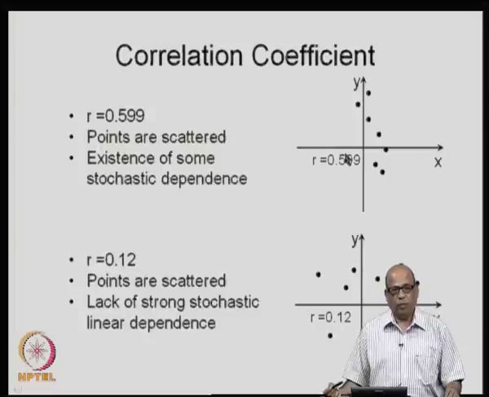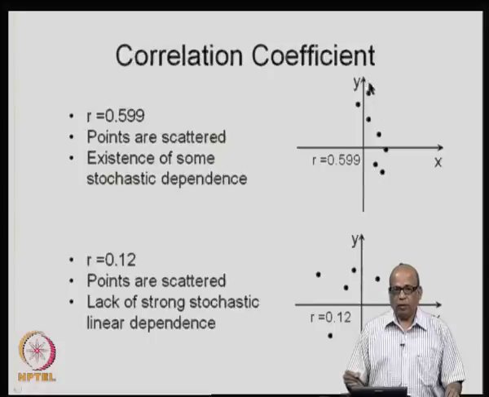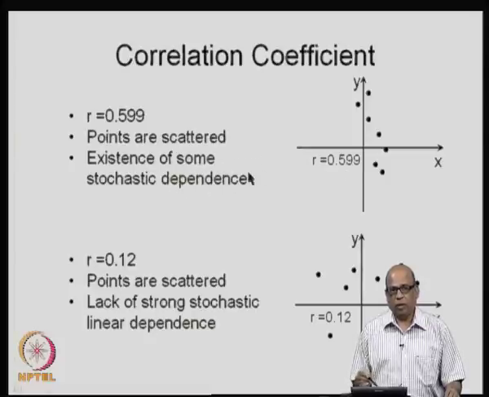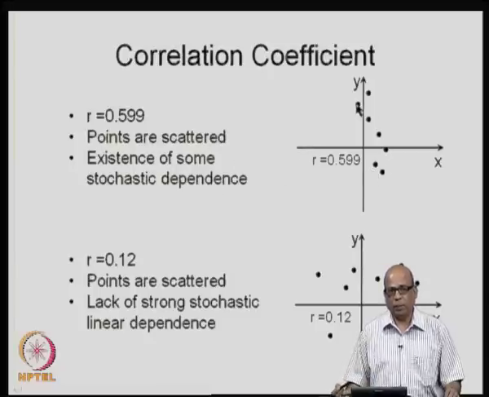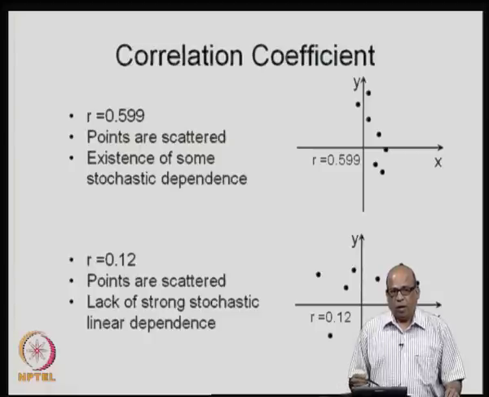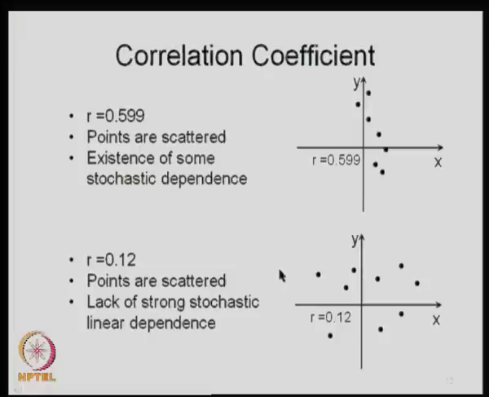You have observed values of x and y, let us say, and you have a certain amount of correlation between them. So, there is certain stochastic dependence between these two. It indicates that there is a certain linear dependence between x and y. And if you take such a scatter here and calculate the correlation coefficient, you may get a much lower correlation coefficient.